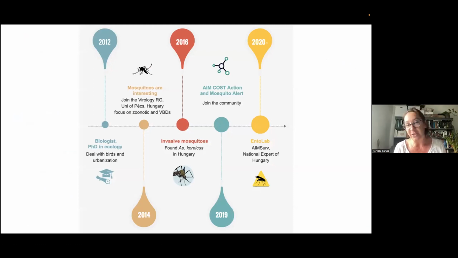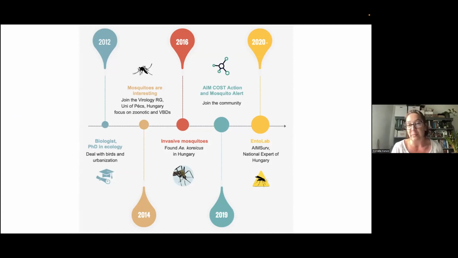My first connection with mosquitoes was when I joined the virology research group, and we started to work with vector-borne and zoonotic diseases. My first connection with invasive mosquitoes was when we accidentally found an Aedes koreicus specimen in our city.